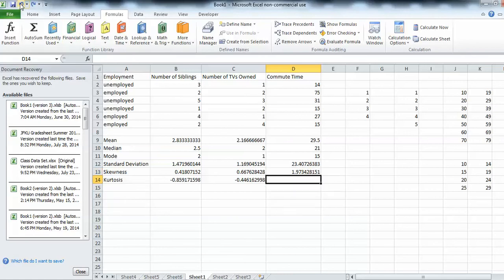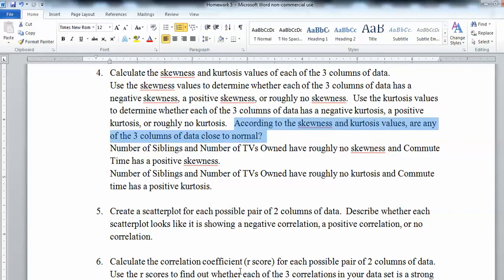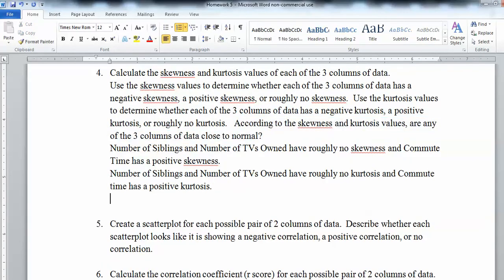So I'll undo what I just did. I just mentioned which ones are roughly normal. And if none of them were roughly normal, I would just say none of the three columns of data were roughly normal.